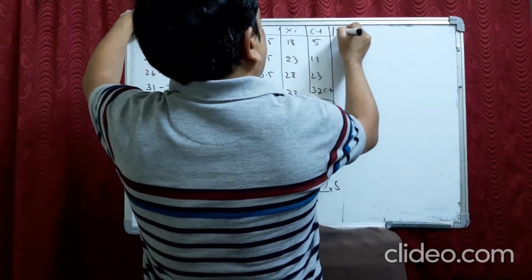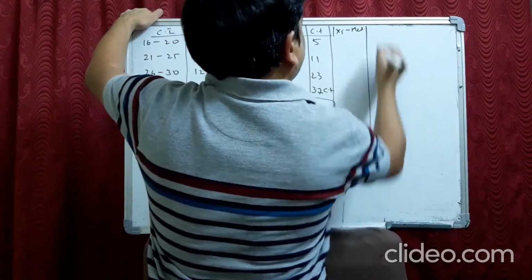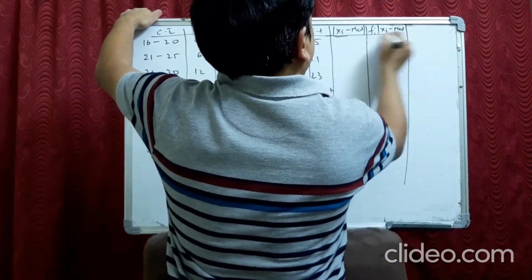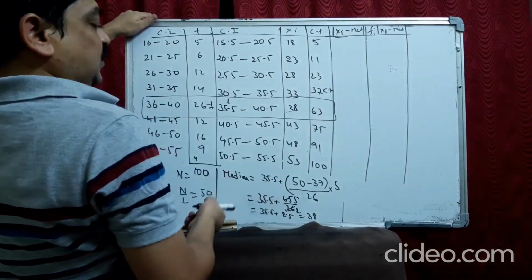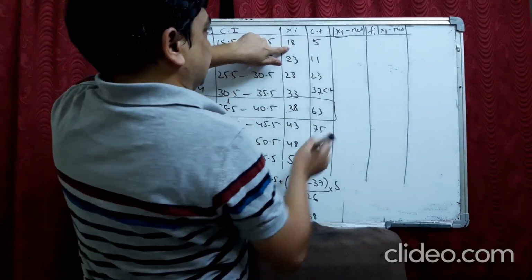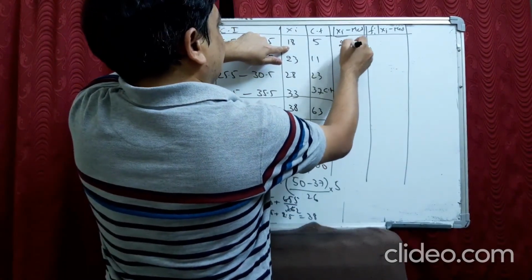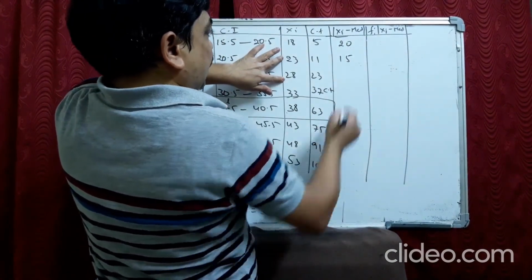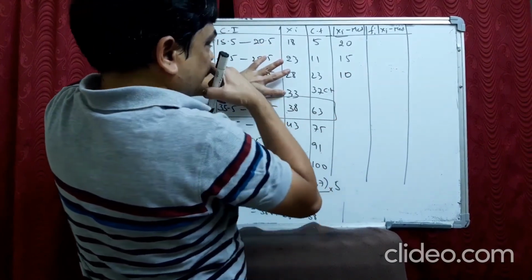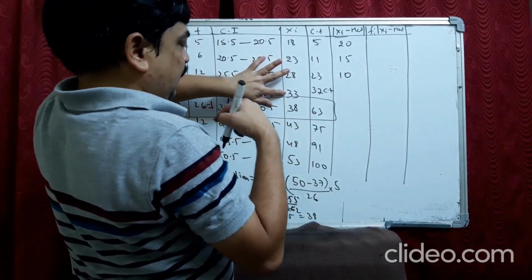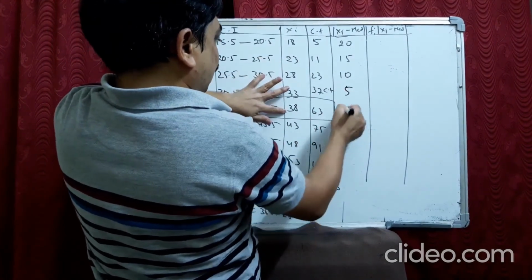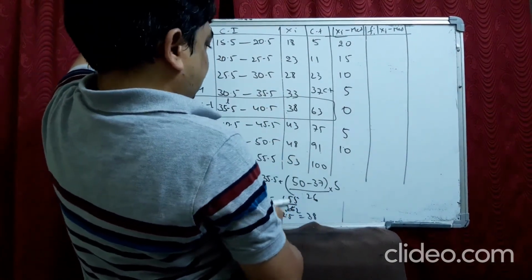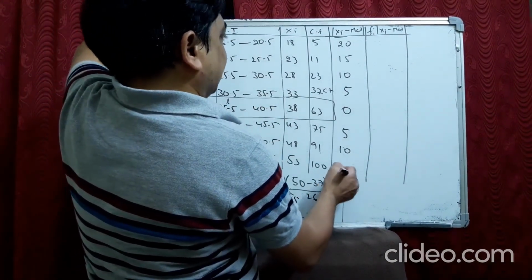Now, we have to take mod xi minus median and fi into mod xi minus median. First, xi minus median 38. So, xi are here: 18 minus 38 is 20, 23 minus 38 is 15, 28 minus 38 is 10, 33 minus 38 is 5, 38 minus 38 is 0, 43 minus 38 is 5, 48 minus 38 is 10, 53 minus 38 is 15.